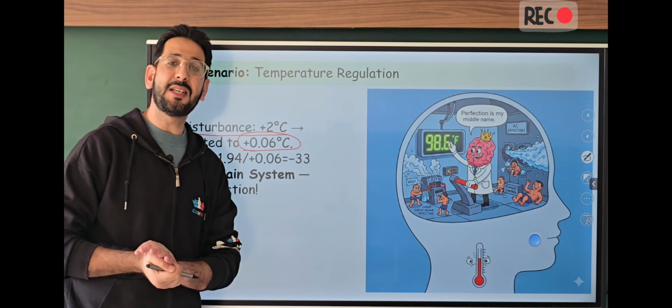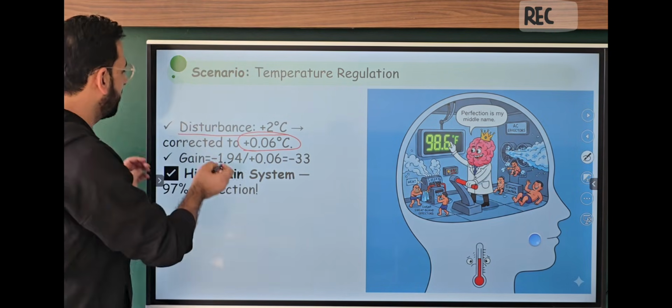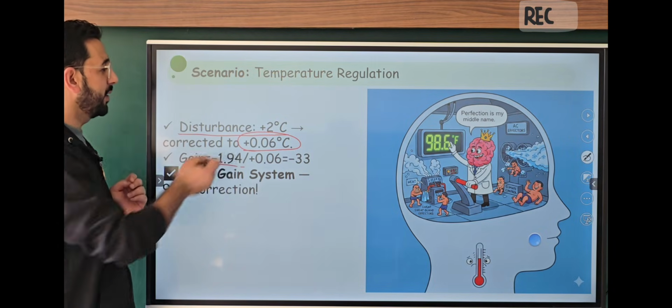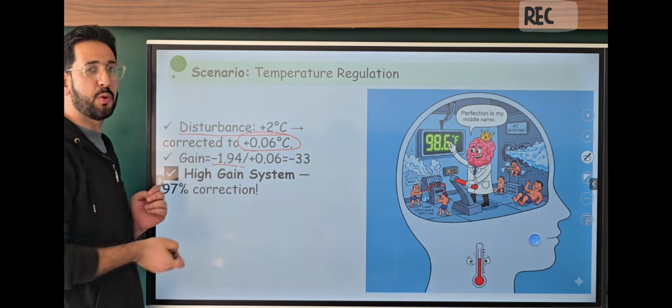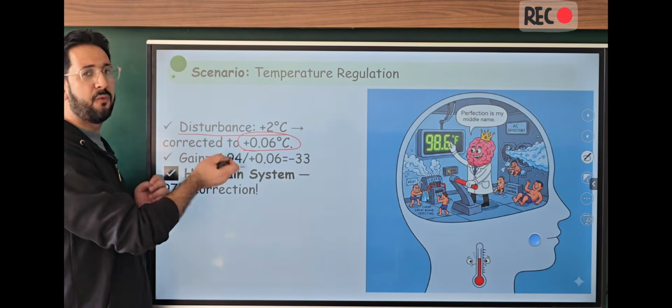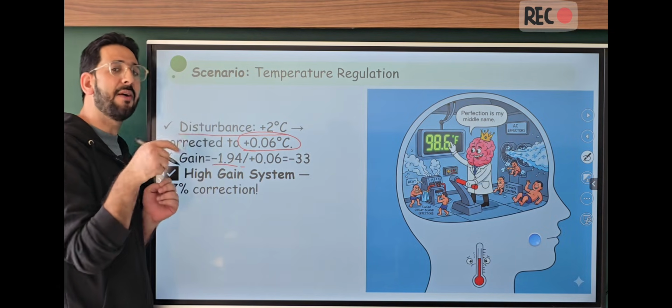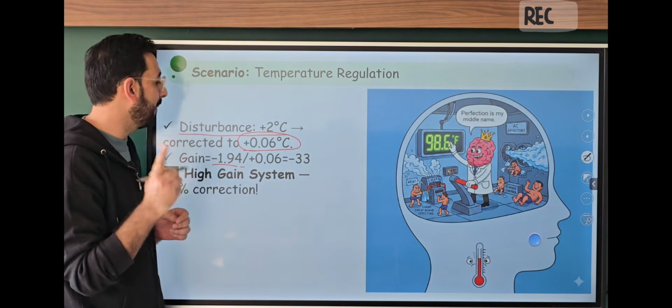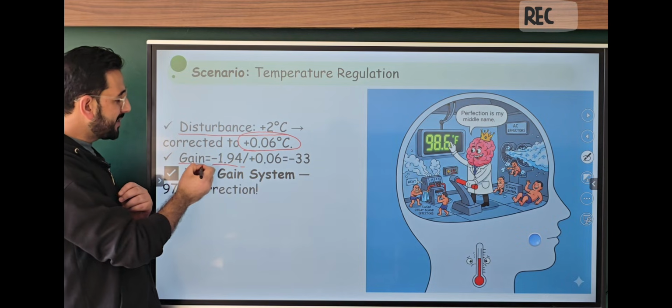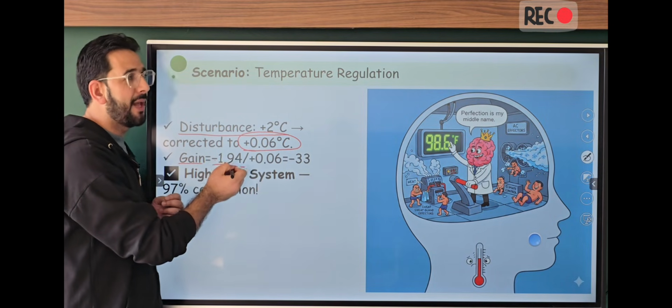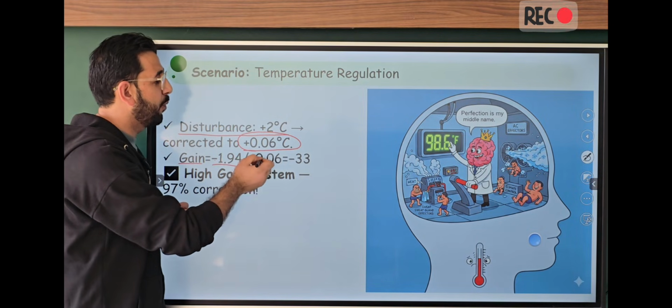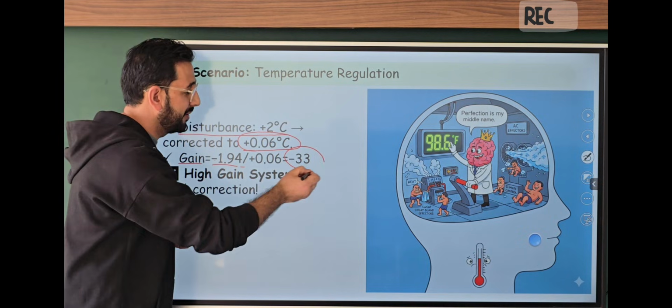Now, how much is the correction? It is minus 1.94. It is 2 minus 0.06, which is 1.94, and we write it as minus because I have already told you that it is the negative feedback mechanism. So how much is the gain? Minus 1.94 divided by plus 0.06 becomes minus 33.